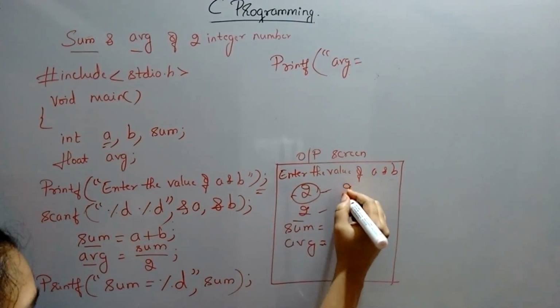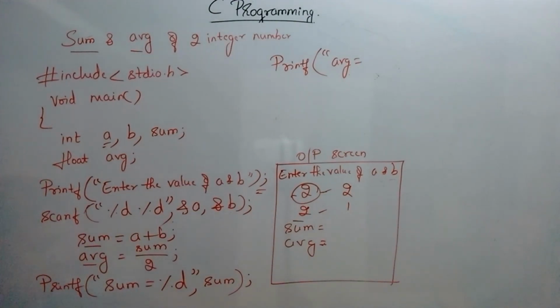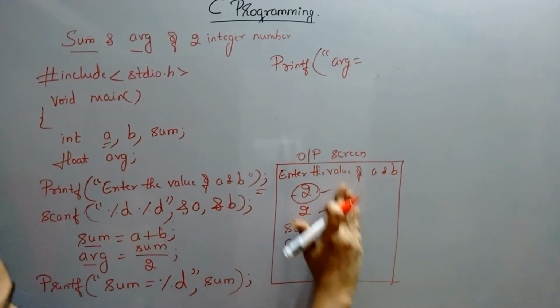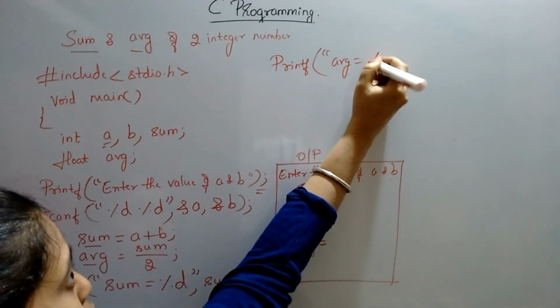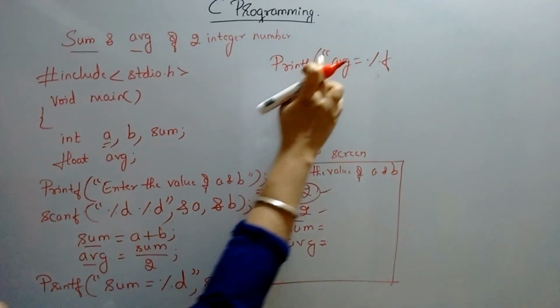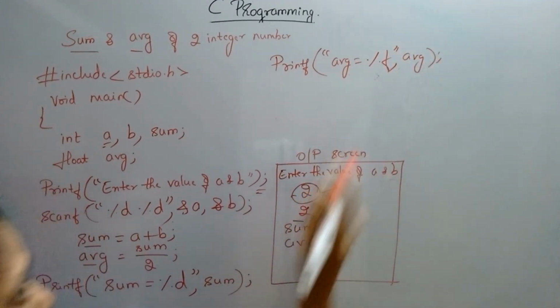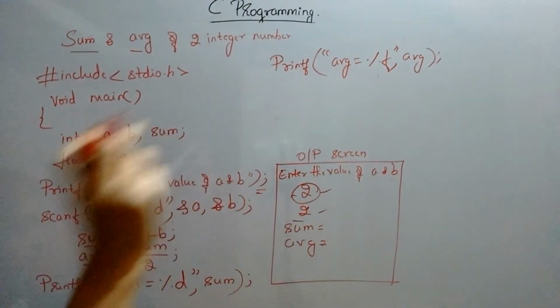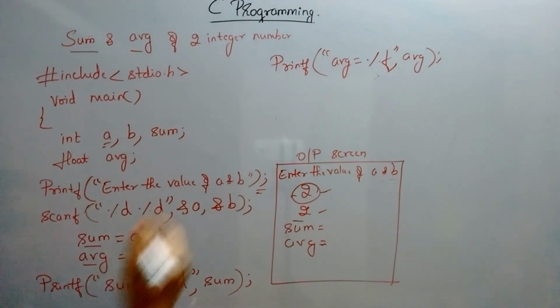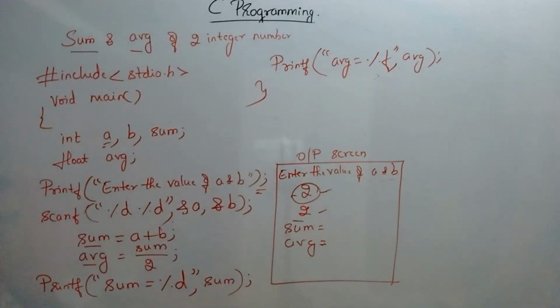If I give 2 and 1, at that time I am going to get the average in decimal value, right? So here average is equal to, I am going to give %f, close the double quotes, comma, avg, end with a semicolon.